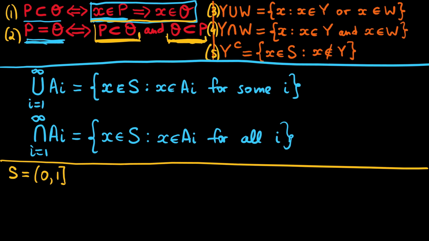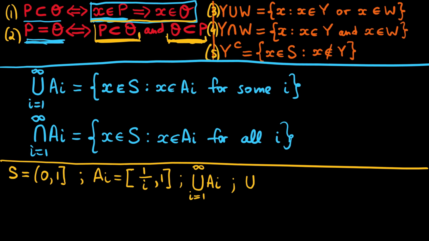And if we defined A_i to be the closed set that goes from 1 over i to 1, and now we're asked what the union of A_i as i goes from 1 to infinity looks like, and what the intersection of A_i as i goes from 1 to infinity looks like.